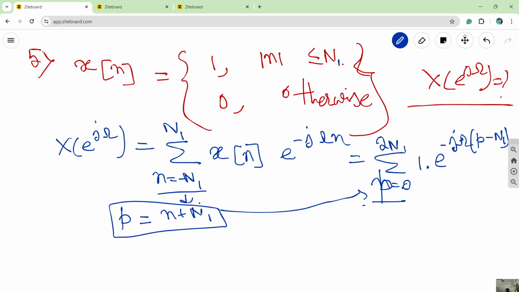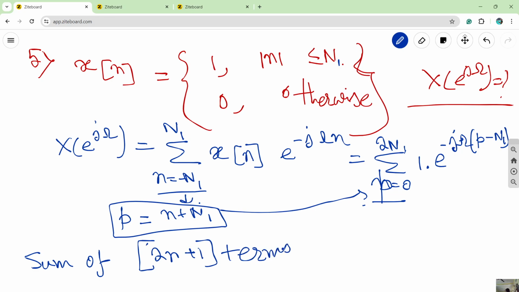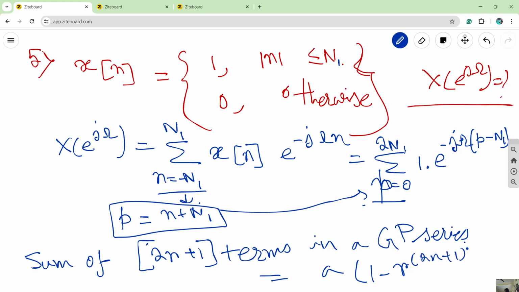So again, this is the sum of 2n1 plus 1 terms in a GP series, that is a times 1 minus r to the power 2n1 plus 1 by 1 minus r.